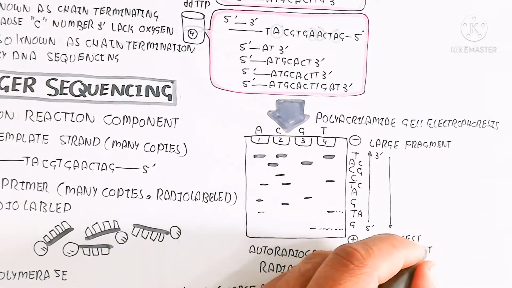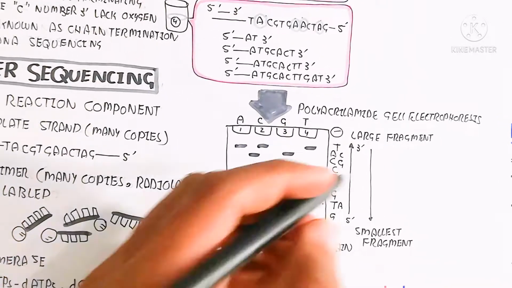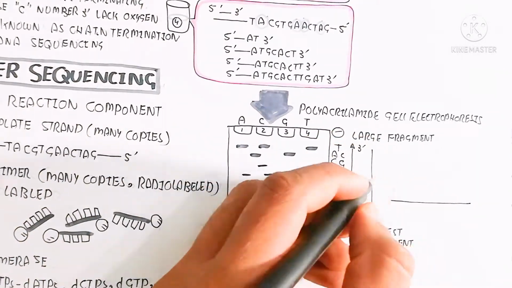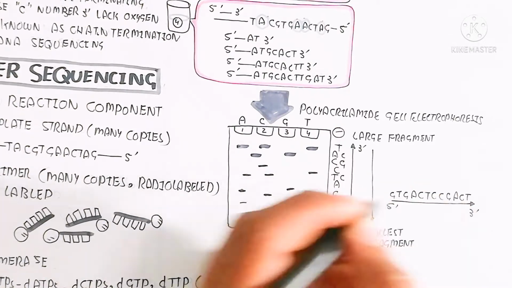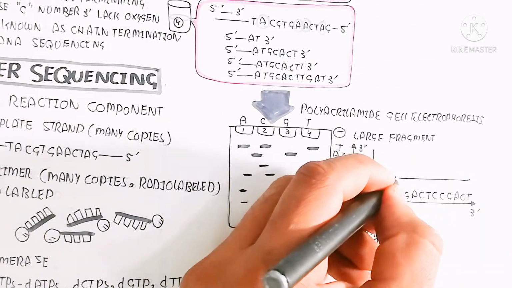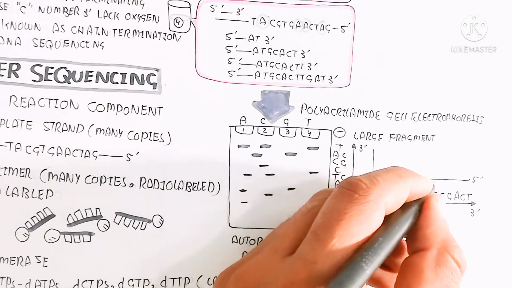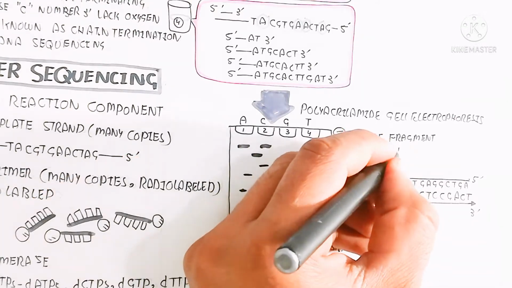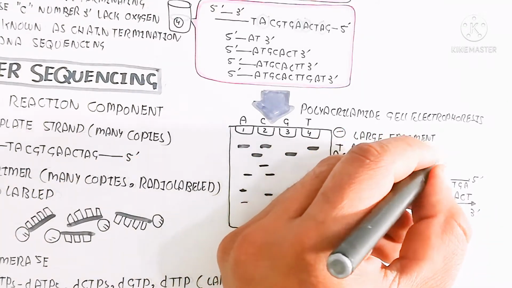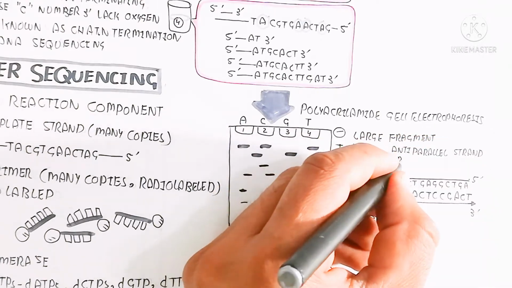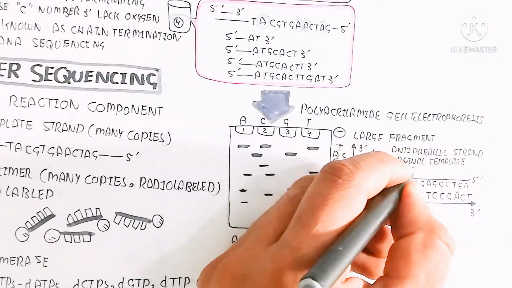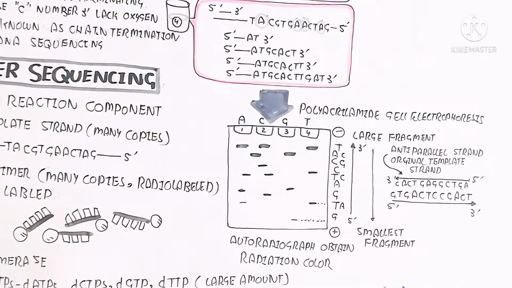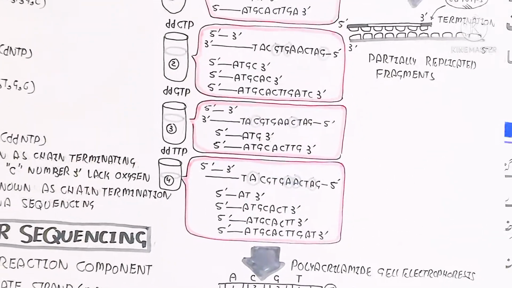The large fragments will remain close to the negative charge while the small segments will move forward, and they are arranged in this manner. This is the antiparallel strand of the original template strand.